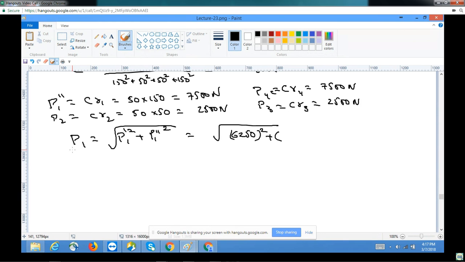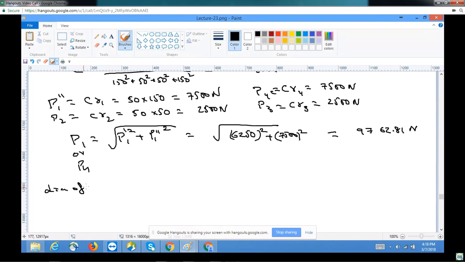The highest will be P1 or P4, so we can just take 6250 and 7500, whole square under root. That will give us 9762.81 newtons.